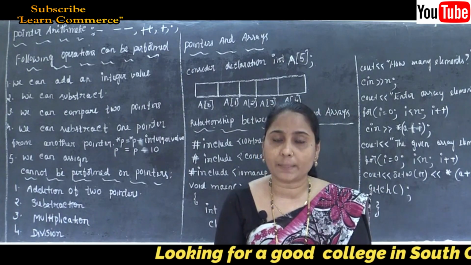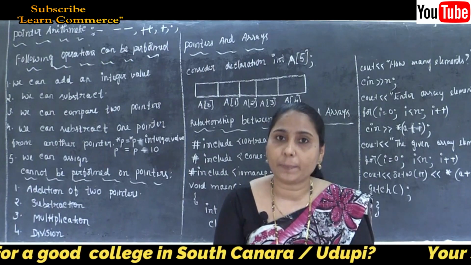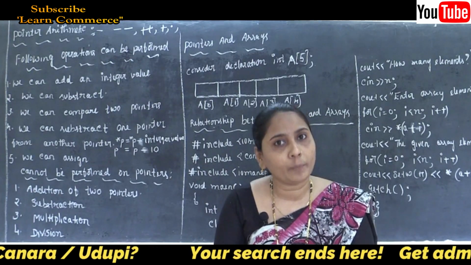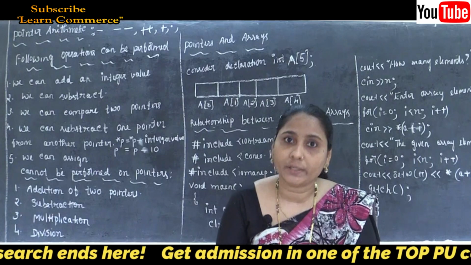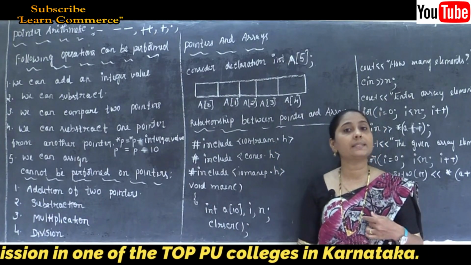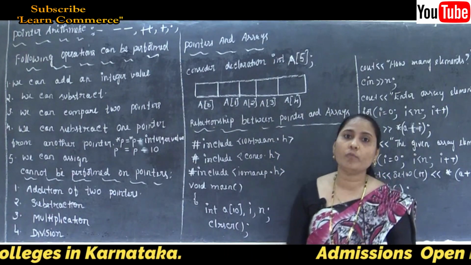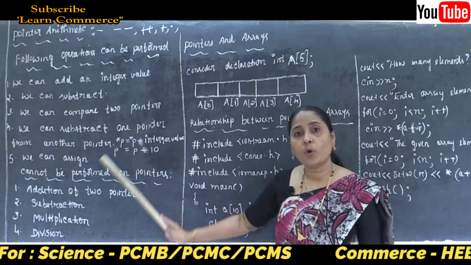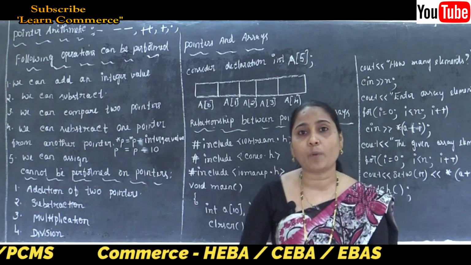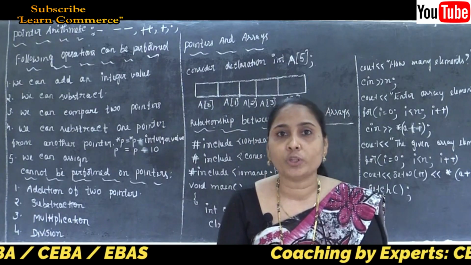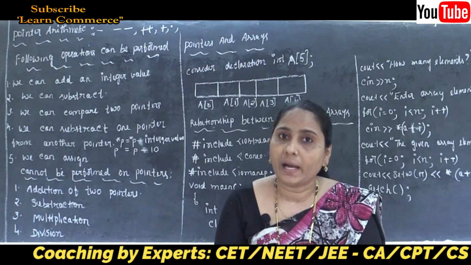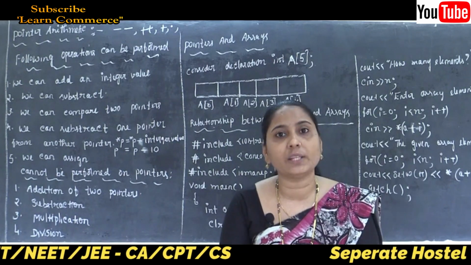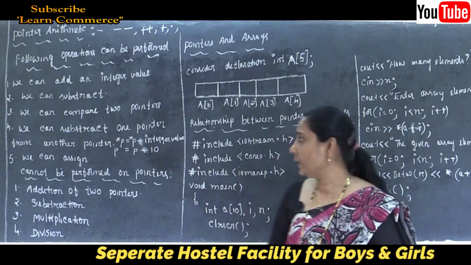That means we can make the subtraction from one pointer to another pointer, but only if both belong to the same type of array, then only can we subtract one pointer from another pointer here.